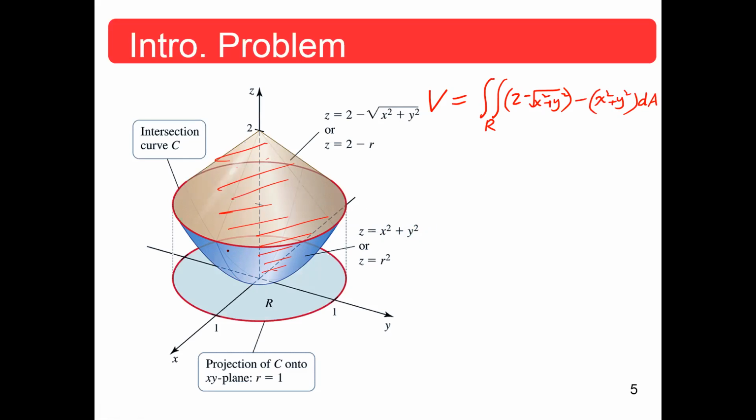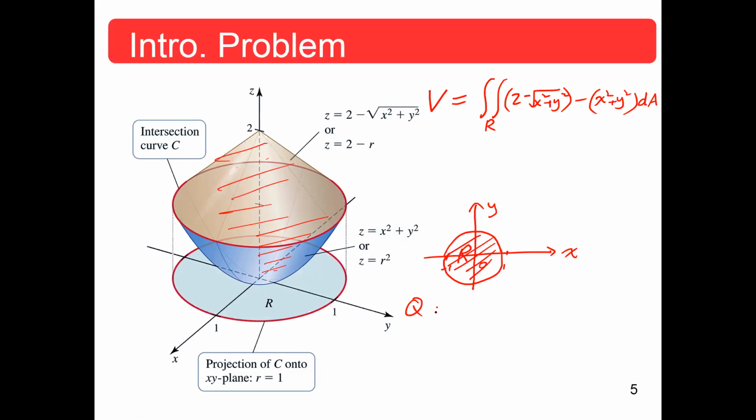Now the question here is, if you look at the integration of this region R, let me simply project this region R on the xy plane. This region R is basically a circle of radius 1. So here's 1, -1, and here. This is our region R for integration.